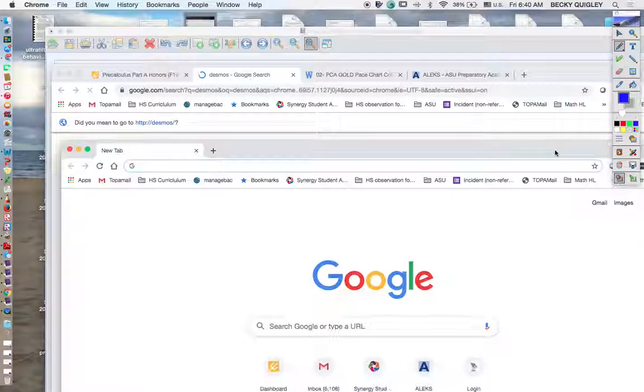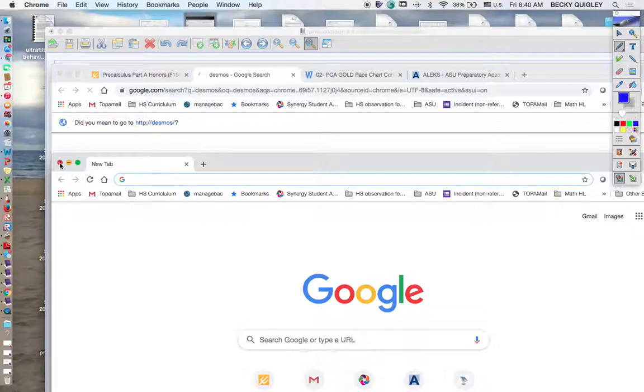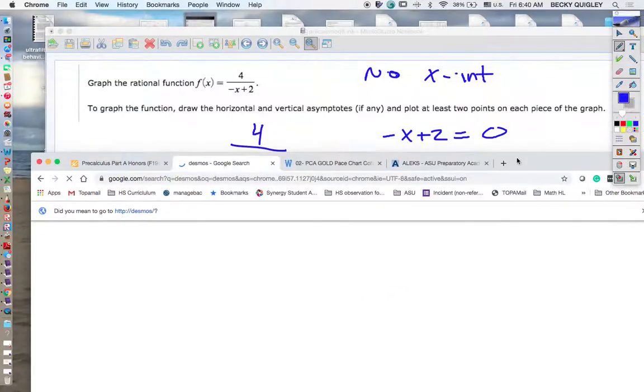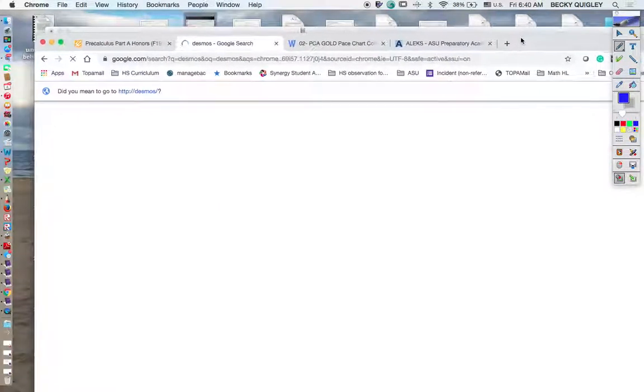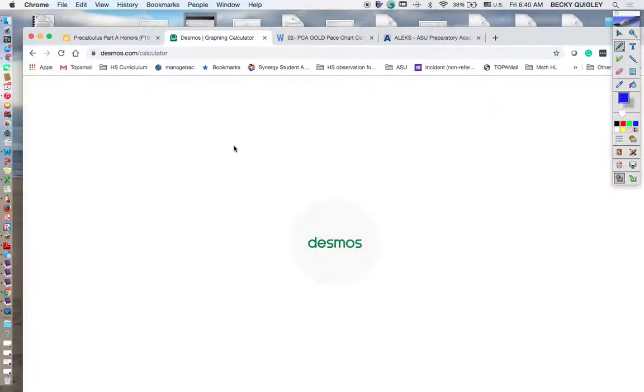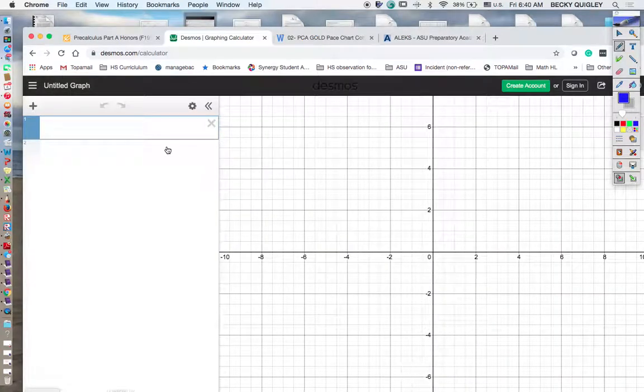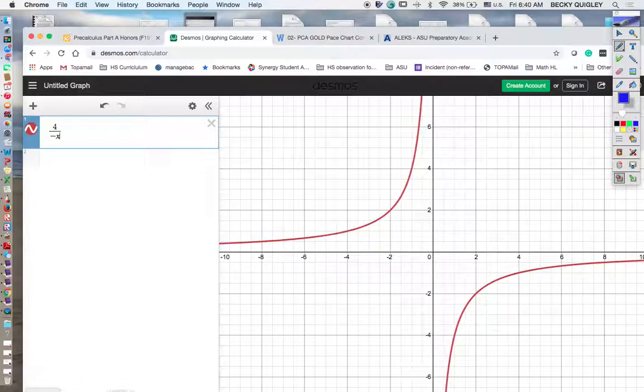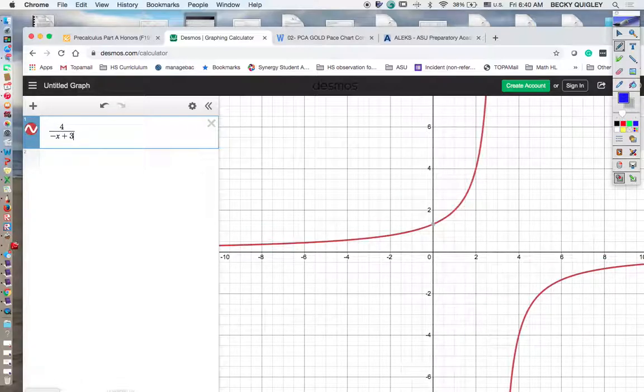So we are looking at the graph of y equals 4 divided by negative x plus 2.